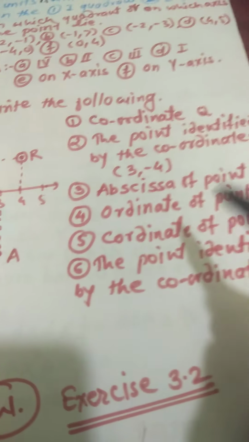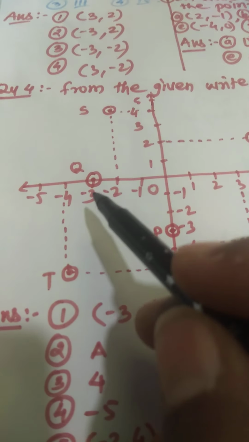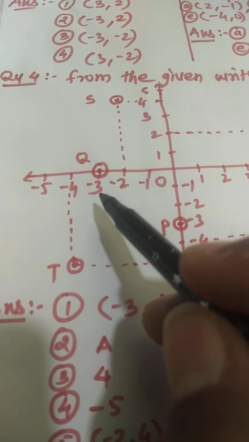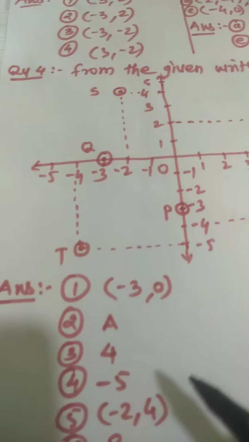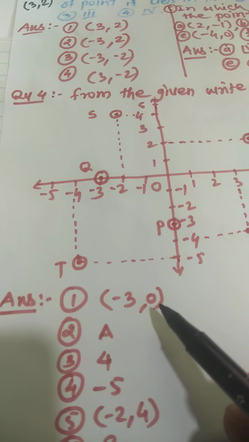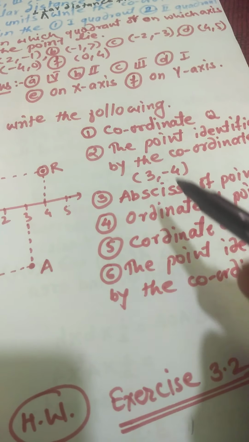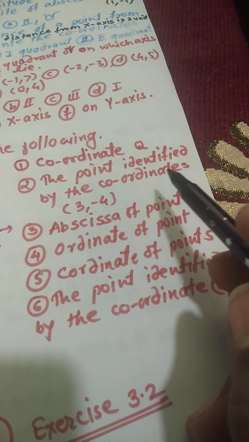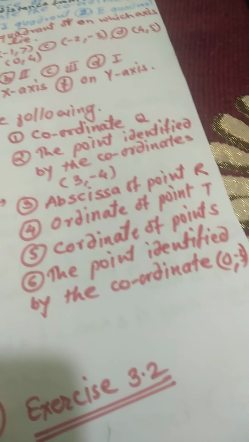Now question: coordinate of Q. What is the coordinate of Q? It is on the negative x-axis. So x coordinate first means -3, and lying on the x-axis means y coordinate 0: -3, 0. Understood the first answer? Now second, the point identified by the coordinates 3, -4.